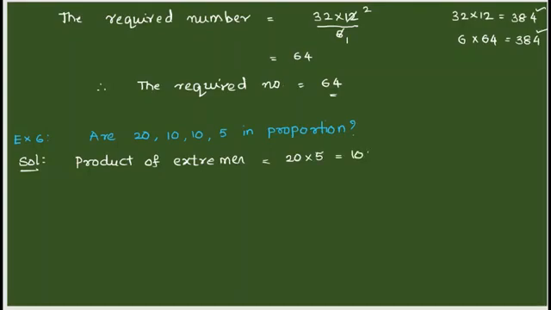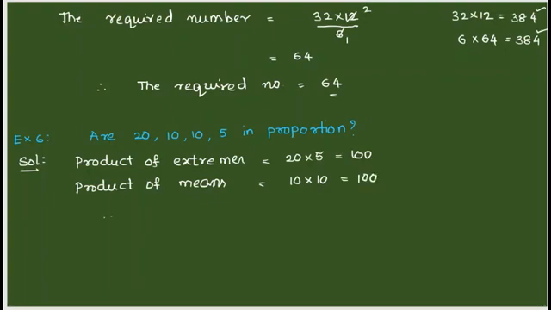25s are 100. Whereas the means are 10 and 10. Therefore, product of means will be 10 multiplied by 10. 10 tens are 100. So here they are the same.